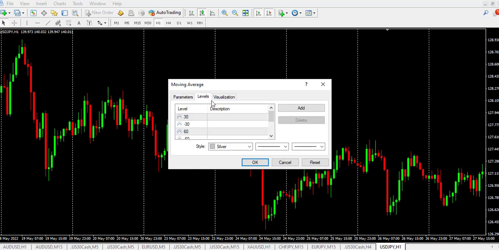Then when it comes to level, I'm going to delete this so that I can come up with another value. I'll show you how to do that in case you want to use this on MT5.